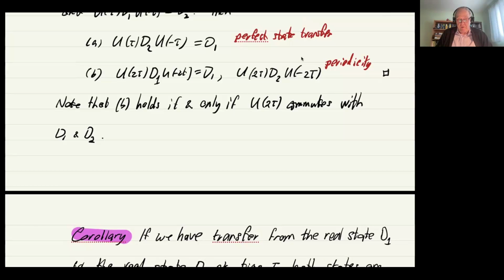So if I multiply on both sides, what we get is that E_k D E_l equals e^{itθ_k} E_k.